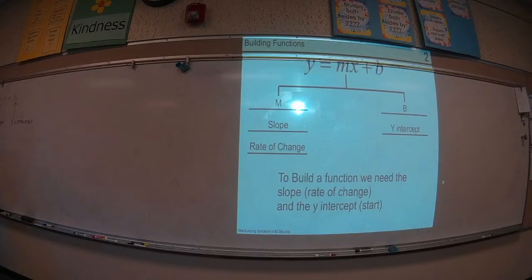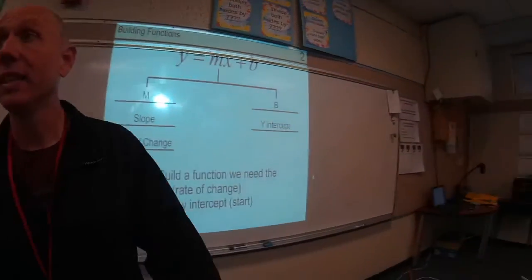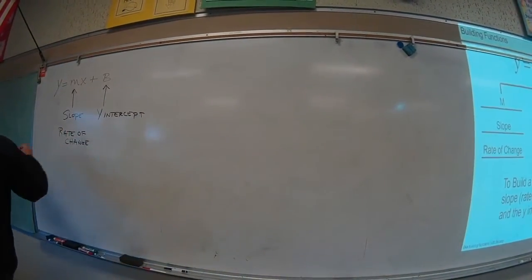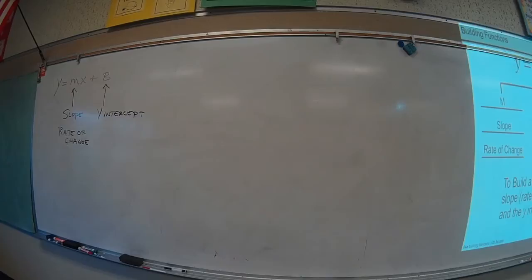Slope is also called rate of change. So I need the slope and the y-intercept, or the rate of change and the y-intercept, and I can build the equation. I've got to get those two things, and then I can build my equation.